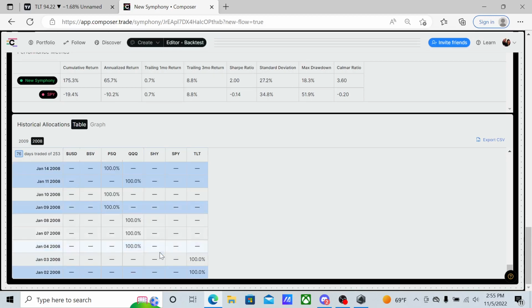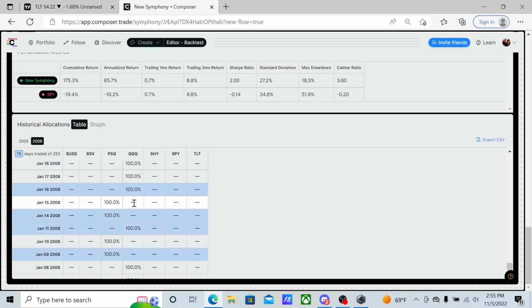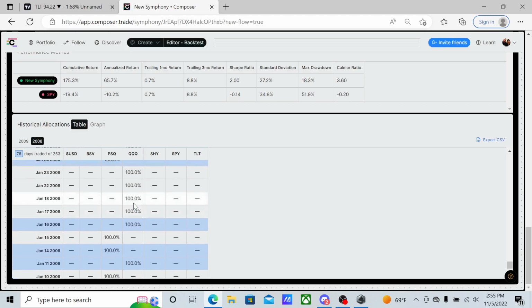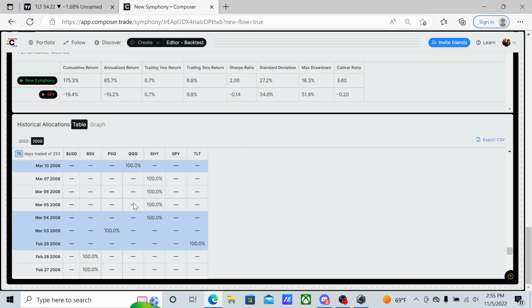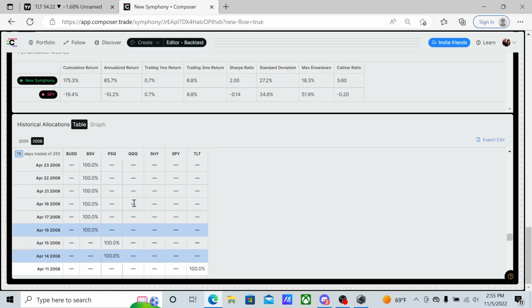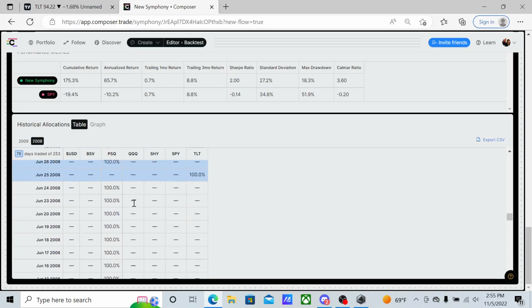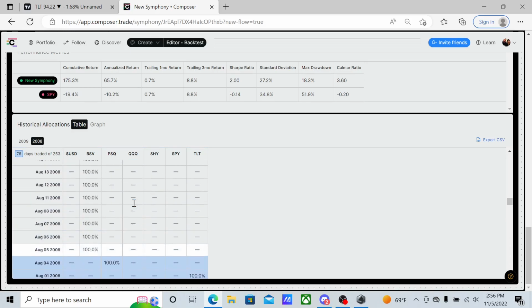Okay, here we go. So TLT was outperforming short-term bonds. So long-term bonds were outperforming short-term bonds in 2008, which makes sense because we weren't in any sort of Fed quantitative tightening cycle or interest rate hike cycle or anything like that. So long-term treasuries. Well, let's just fast forward to the crash and see. Long-term treasuries should have been the go-to in the crash of '08 rather than short-term.